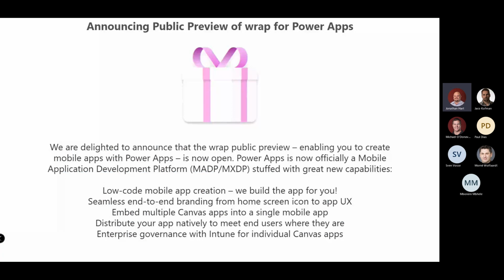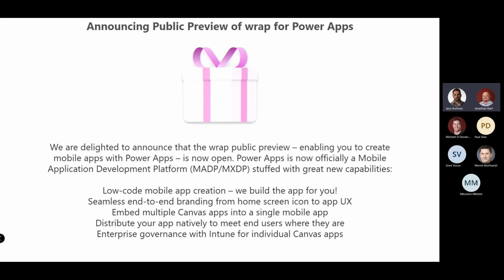The portals one came out first, and that allowed you to create mobile apps from your portals. This one now is specifically for Power Apps, for Canvas apps. Okay, so I'm just trying to wrap my head around this, mind the pun.